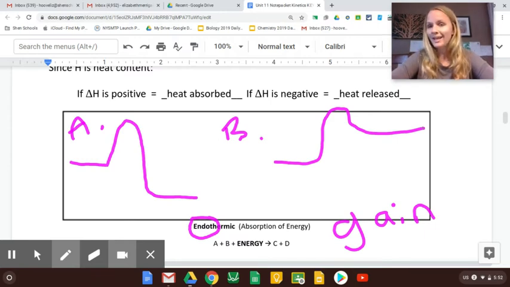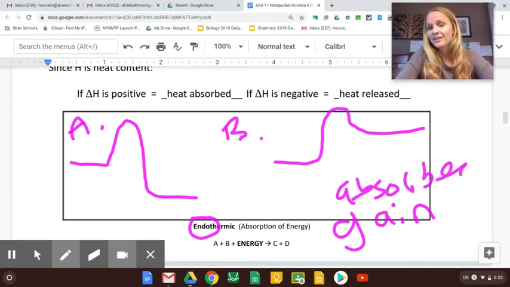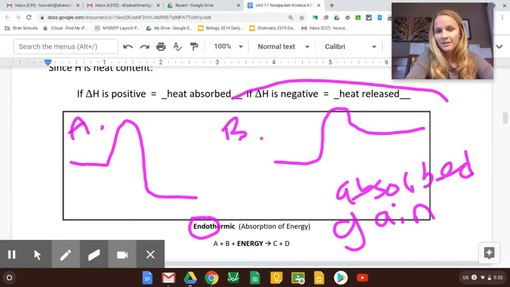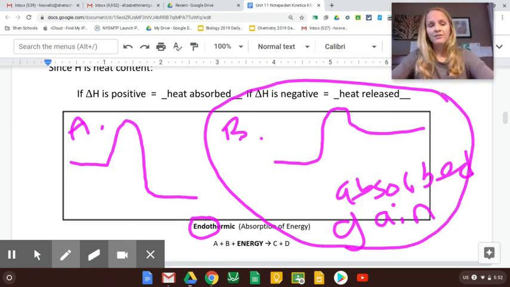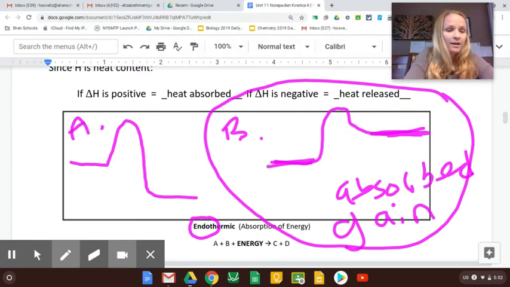Which one shows a gain in energy from the beginning to the end? Which one shows the energy was absorbed, that I gained it, not that I released it? B, right? So whenever you see a graph shaped like that, where it ends up higher than it started, that is endothermic. It went up. Energy went in.